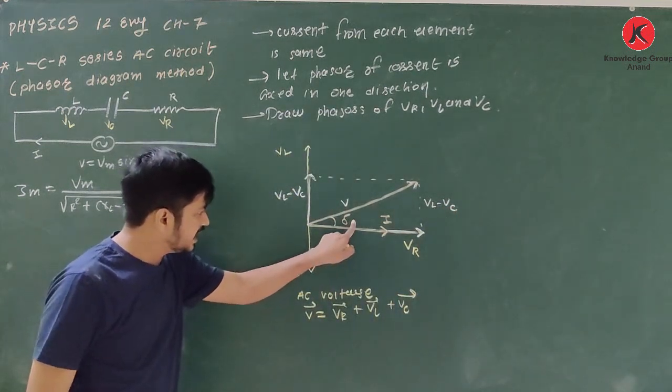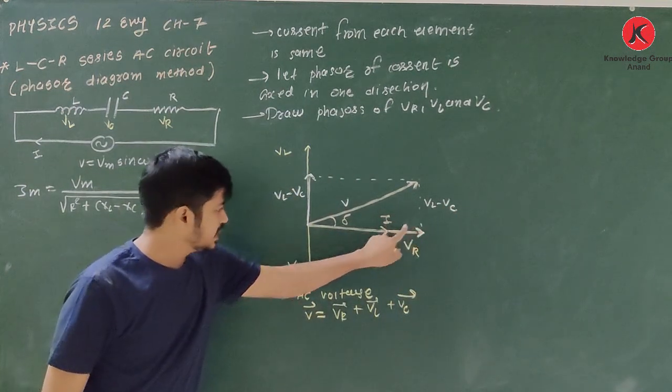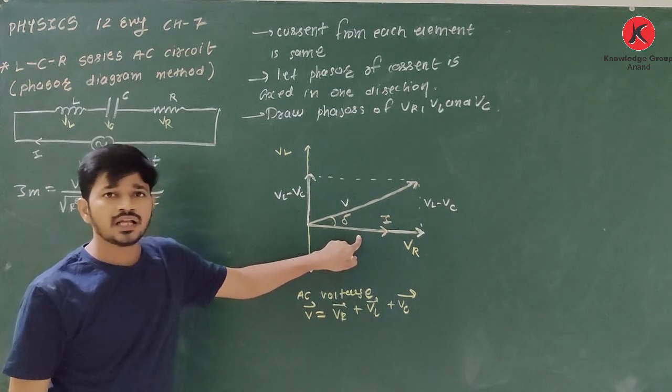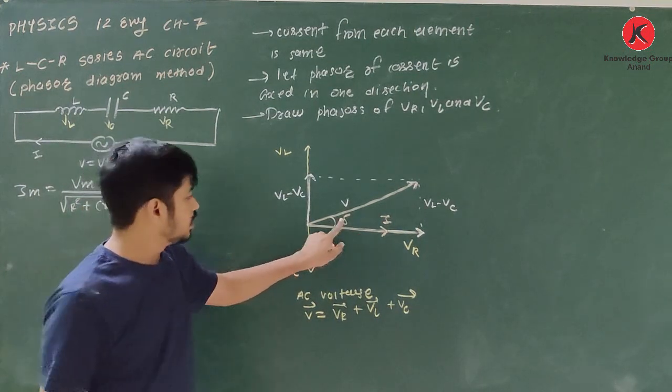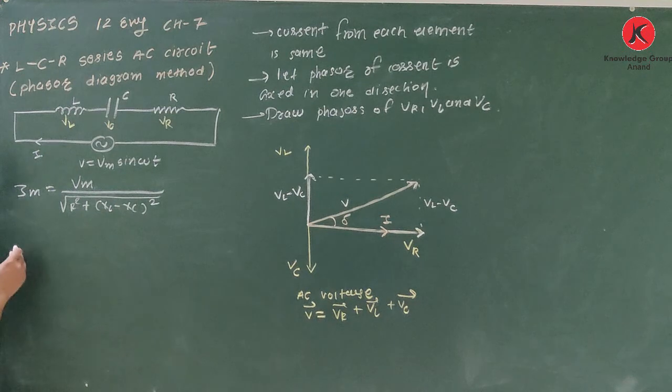So del has its opposite side and its adjacent side, so you have to take the trigonometric function tan.